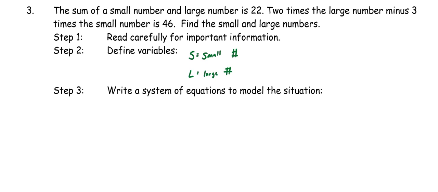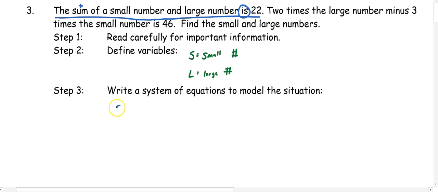Now, each sentence is telling us something about our equation. So we have the sum of the small and large number is 22. So remember that the word is always an equal sign. Remember that sum is addition. So if we add those two numbers together, the small number plus the large number, it's going to equal 22.